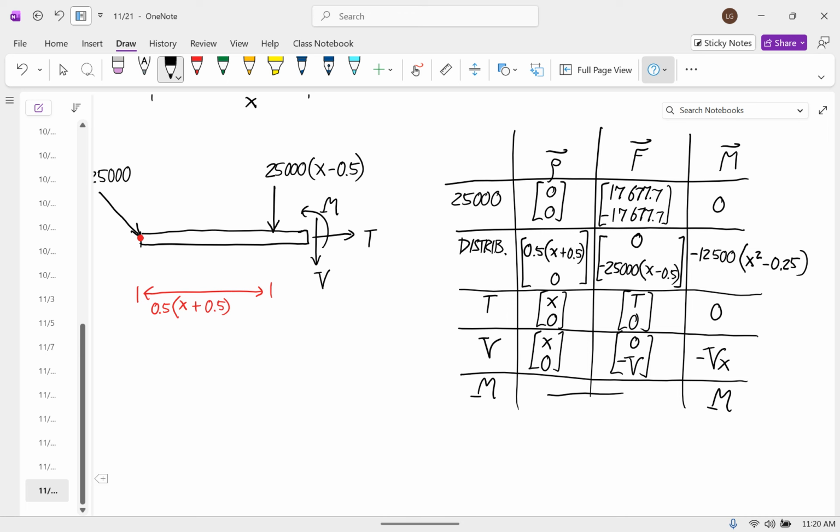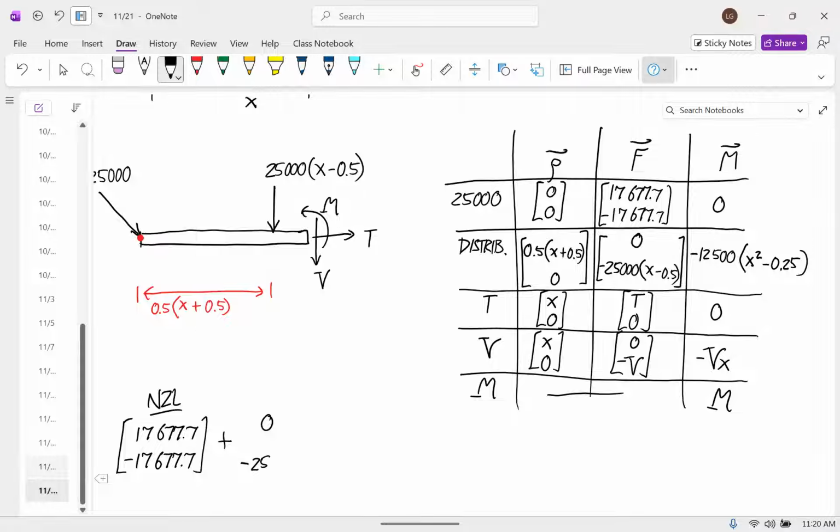So Newton's second law says 17,677.7, negative 17,677.7, plus 0. Now I'll multiply this one out.